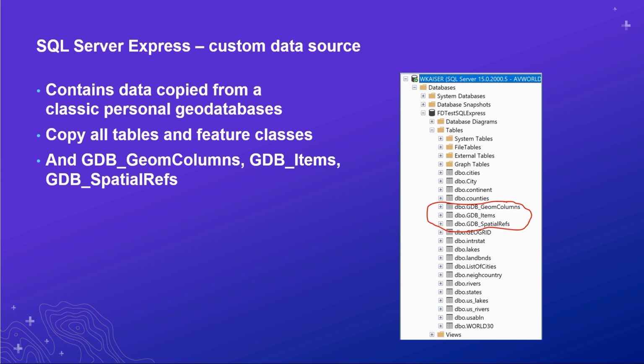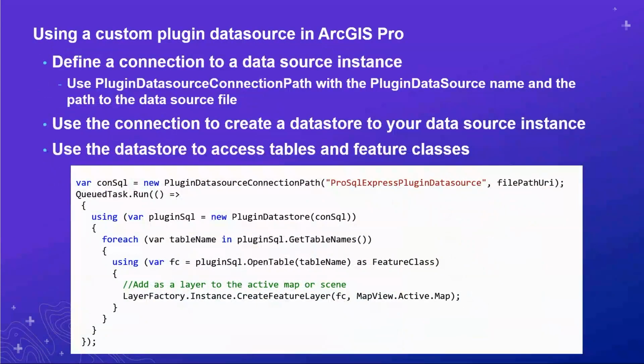I copied all tables and feature classes from the data source, and then I also copied some of the metadata, mainly the GDB underscore geometry columns, items, and spatial references, just so I have all the metadata I need to show this old data format through my plugin data source. You'll see that in the demo that's coming up next.